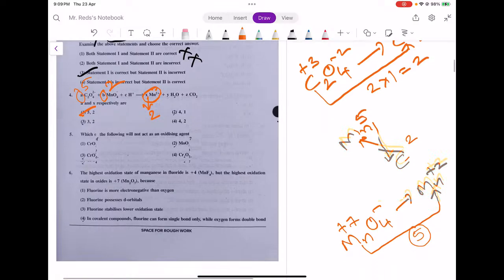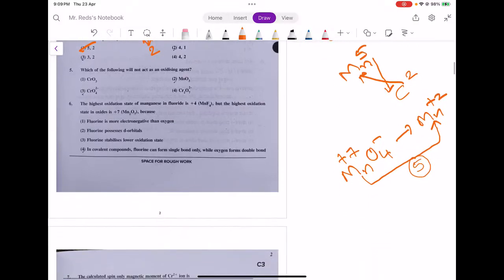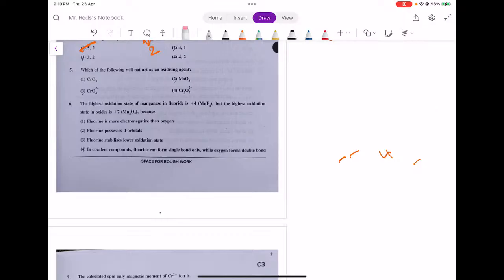Next question, students. Let us go to the fifth question. Which of the following will not act as an oxidizing agent? This question belongs to D and F block elements. Strength of an oxidizing agent is directly proportional to oxidation number.